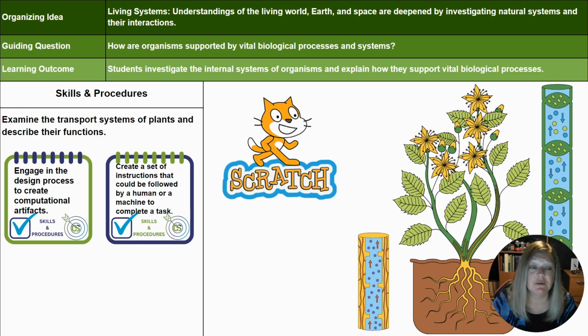So showing you what they know about these living systems, but then also tagging on these skills and procedures from computer science, just giving them lots and lots of practice, because we know that those coding skills are really important and going to give students some extra leg up into the work world when they get there. Those are some ways that you can connect computer sciences into your living systems unit.